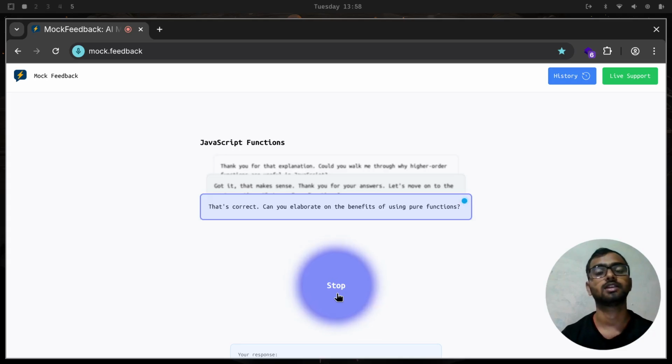Okay, there are a couple of benefits of using pure functions. A few of the reasons could be, since they return the exact output given the same input, they are highly testable and maintainable. Since we know what the outputs are going to be, we can properly test them.